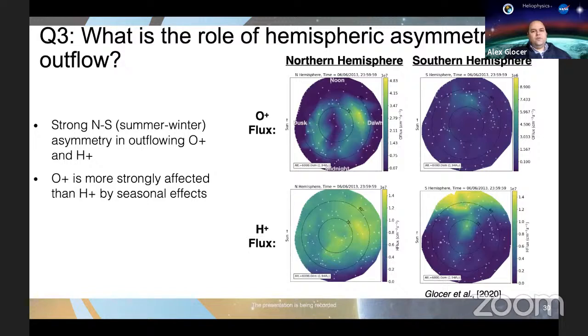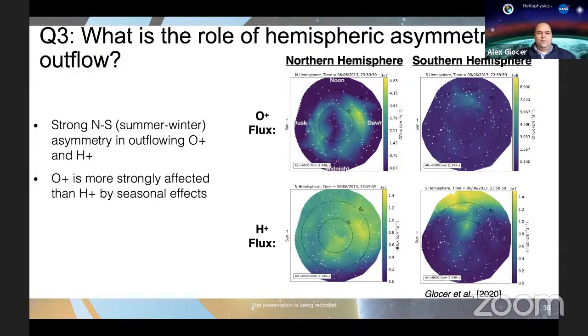So for the third question in this study, what's the role of hemispheric asymmetry in ion outflow? As I said at the beginning of this section, we're including a separate outflow solution for the northern hemisphere and the southern hemisphere.